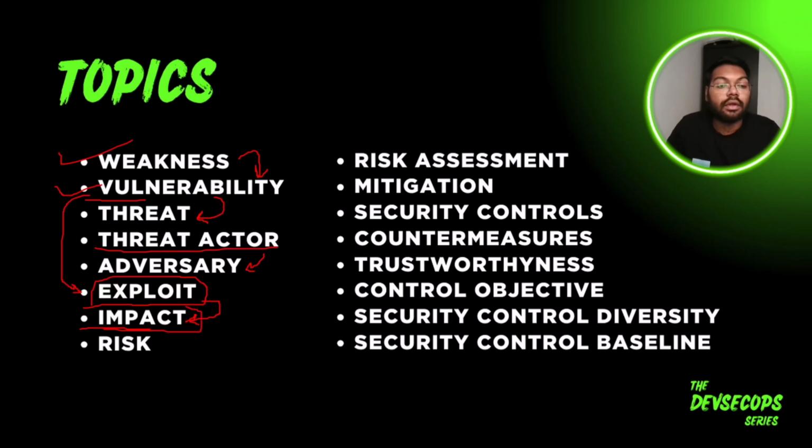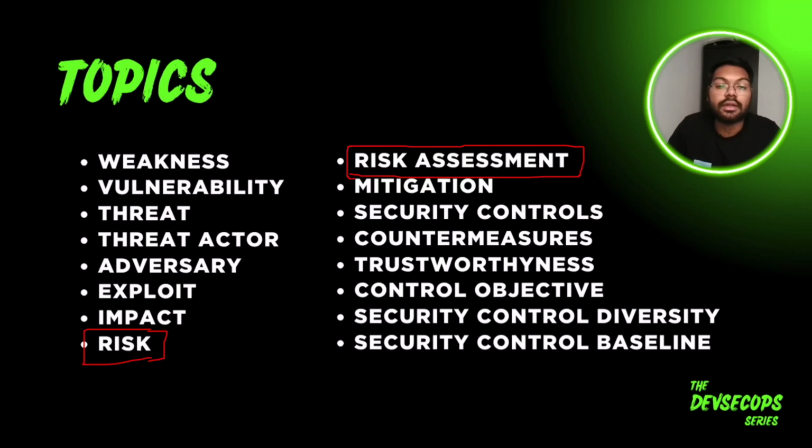So before being exploited, before the impact, we need to know how much risk our application has, and what we need to do is assess how much risk there is. Assessment is what? Identifying, quantifying, and then prioritizing these particular risks. And once these risks are identified, what we do is mitigation. Vulnerability mitigation or risk mitigation is what we do.